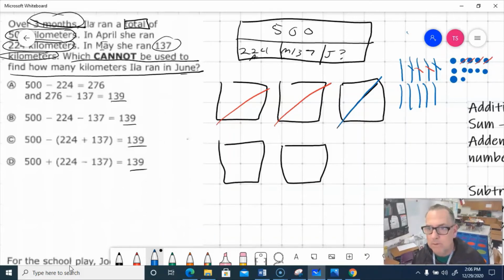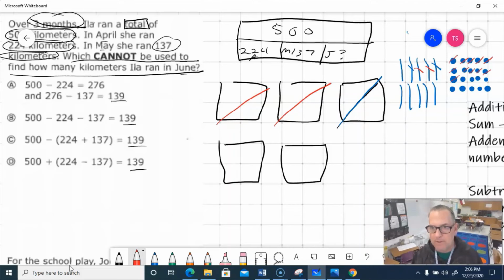So that's 1, 2, 3, 4, 5, 6, 7, 8, 9, 10. Now I can subtract the 7 ones from 137. That's 1, 2, 3, 4, 5, 6, 7.